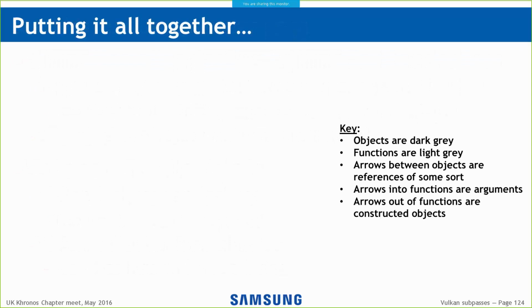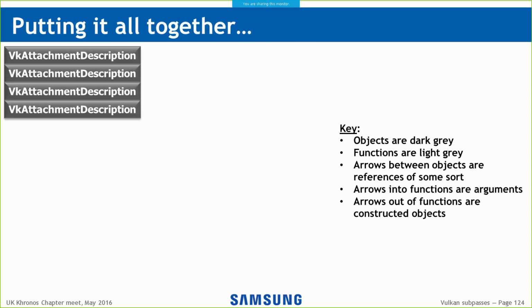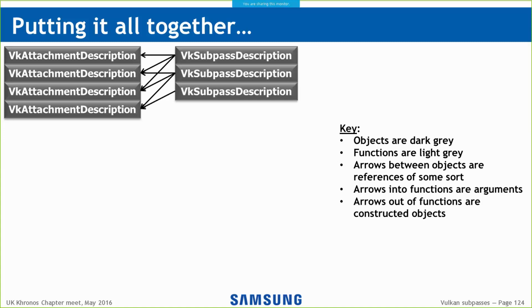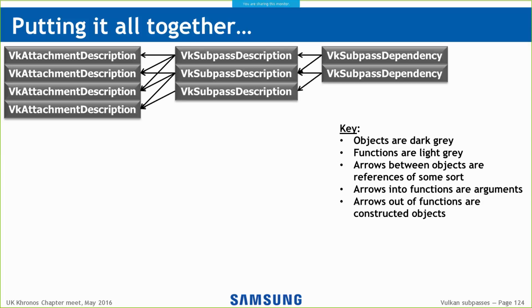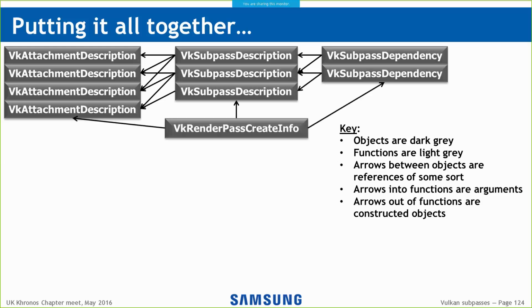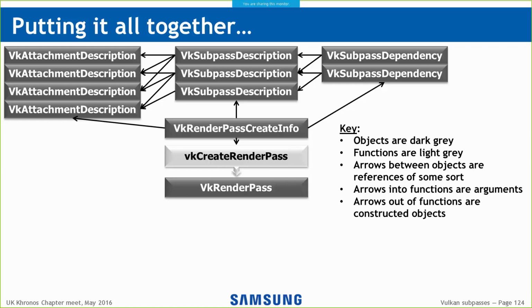So you'll have your attachment descriptions saying what the formatting of the use of those attachments is. You have the subpass descriptions, which says what attachments are being used by each subpass. You have your dependencies between the subpasses, saying what inputs and outputs are being used by each one. And all of those are linked from the RenderPass create info. Pass that to create RenderPass and get a RenderPass object out.